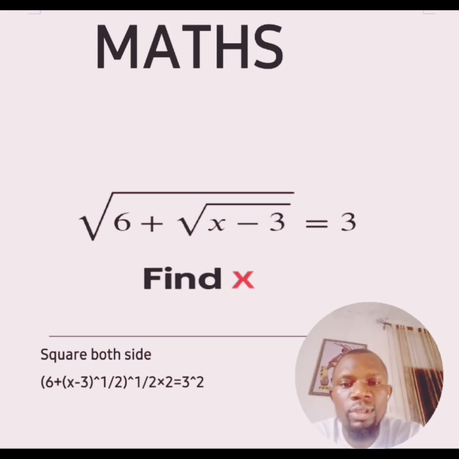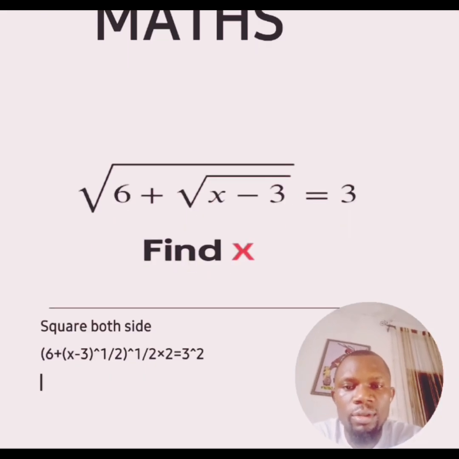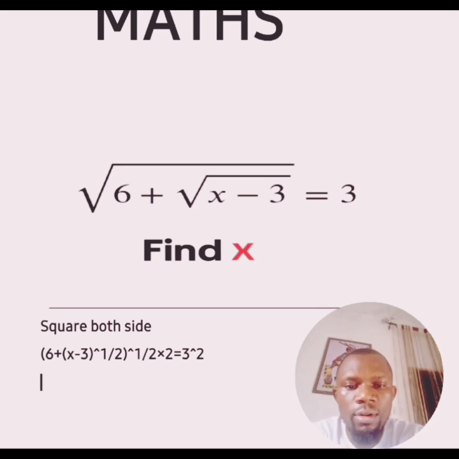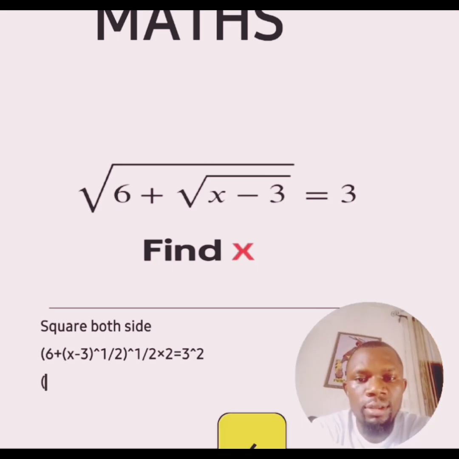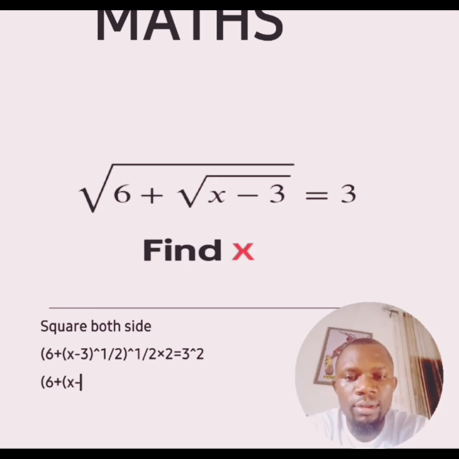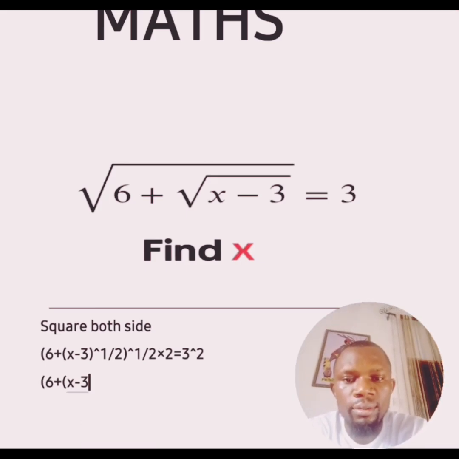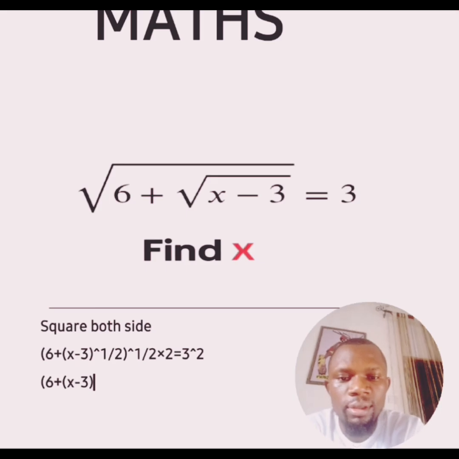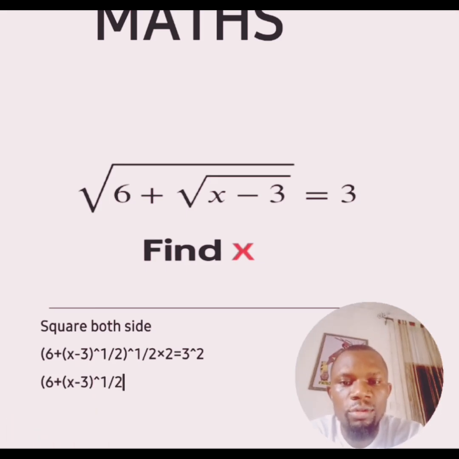I'll have to square both sides. So I'll still open my brackets. I have my 6 plus open bracket x minus 3, close the bracket, raised to the power of 1 divided by 2, which is the square root. So what will I now have?